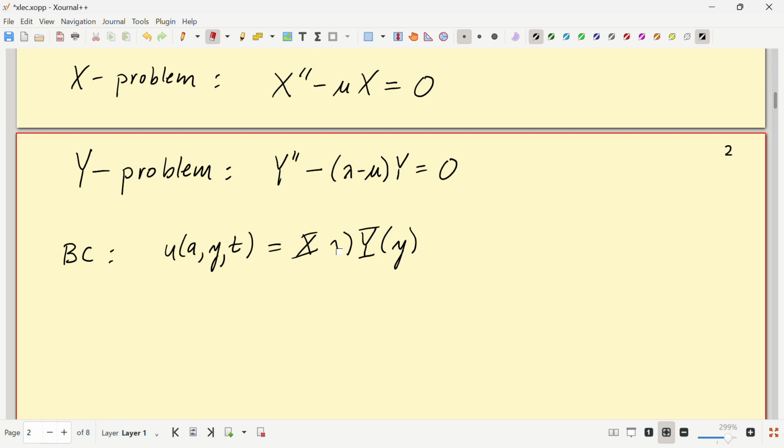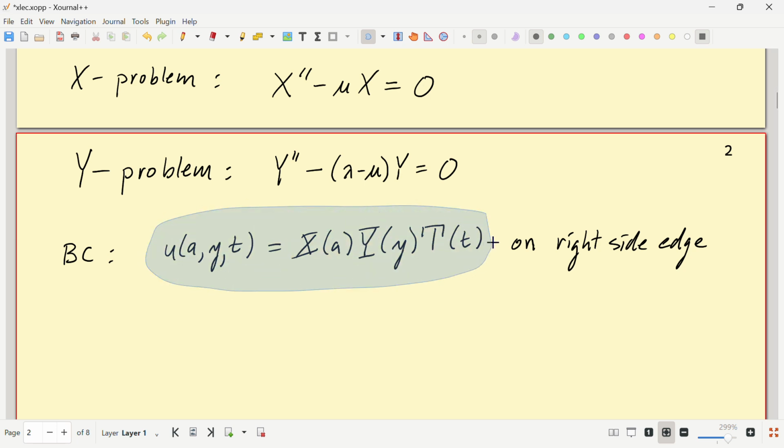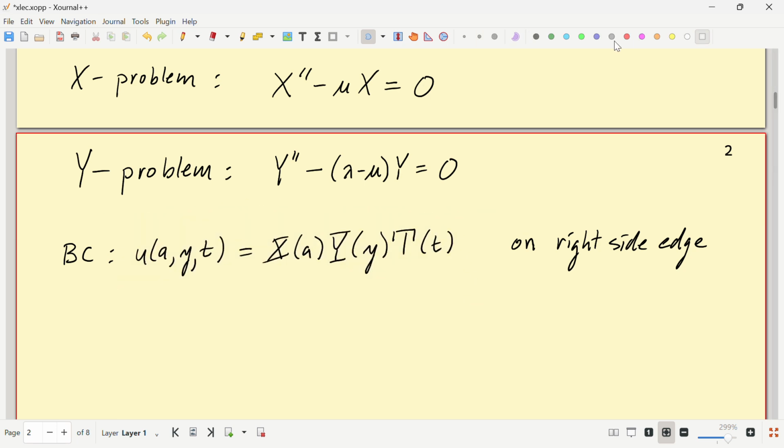That would be X of a times Y of y times T of t on the right side edge. There's going to be one for each edge, and we want that to be equal to 0.